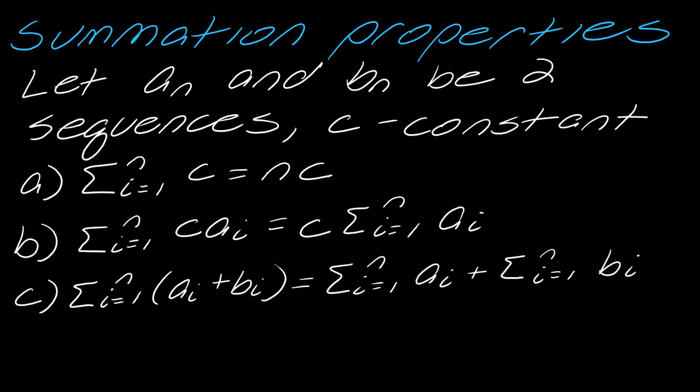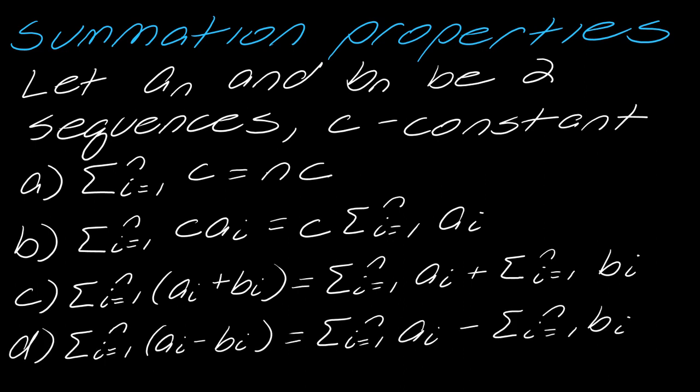You can also break up 2 series that are being added together into separate series like you see here. And also, if you have two series that are being subtracted, so here's one sequence minus another, I can separate these into two separate series.